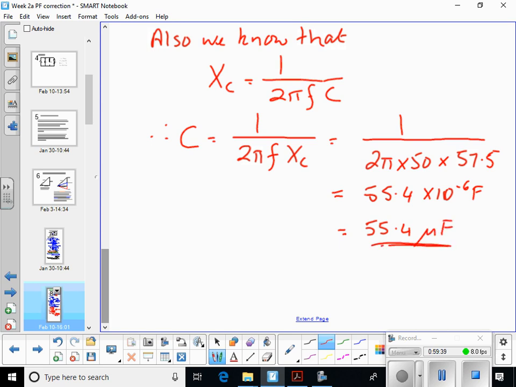So if we add 55.4 microfarads of capacitance onto the end of that circuit, like it's drawn in dotted line, we'll improve the power factor from 0.6 to 0.8.